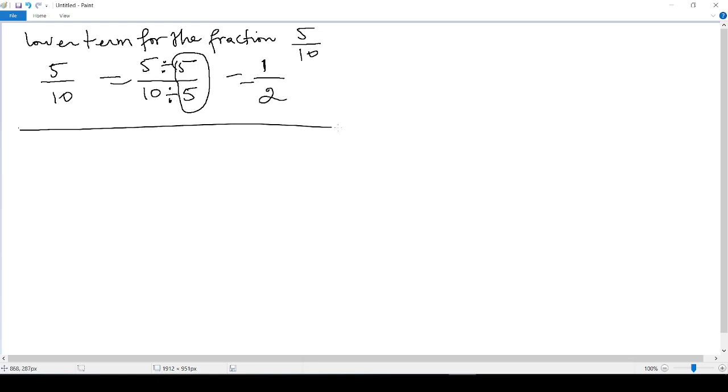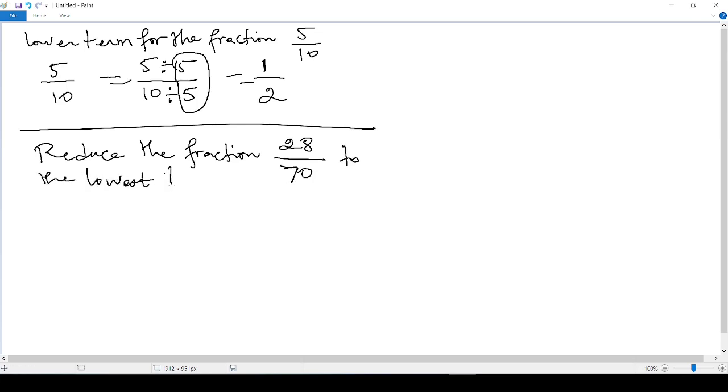All right. Another example can be asked as: reduce the fraction 28 over 70 to the lowest term. So how do we do this? Let's write our fraction 28 over 70, and let's identify a common factor for our fraction.